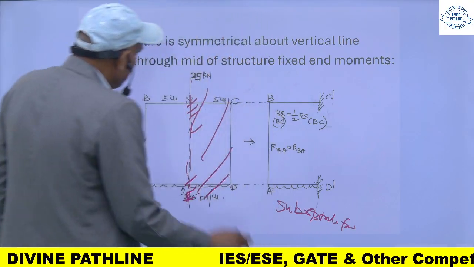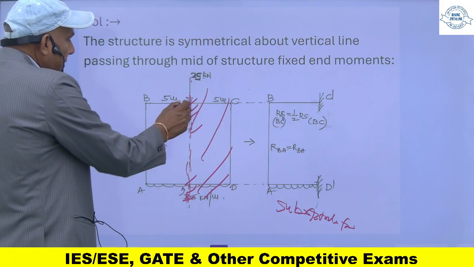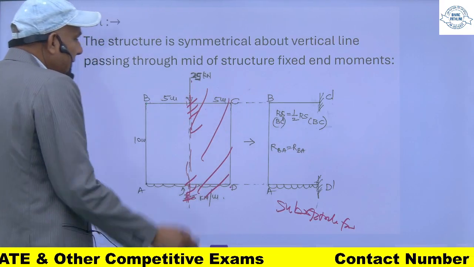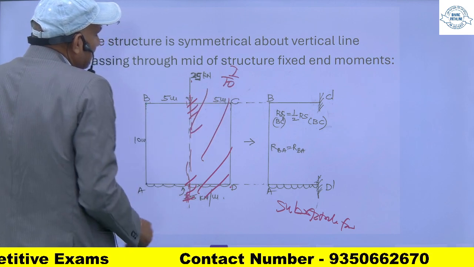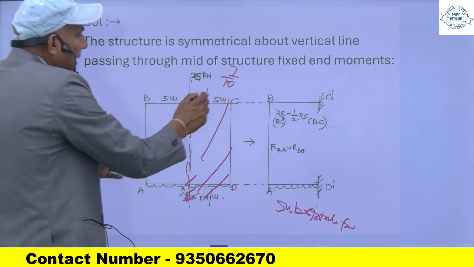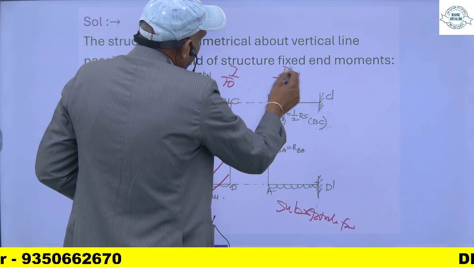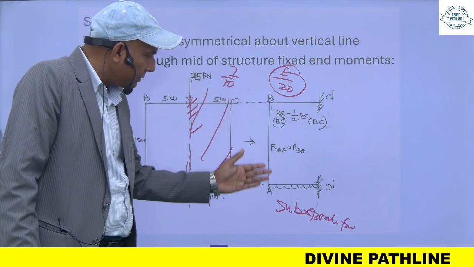Now the relative stiffness of this will be half of this one. So the relative stiffness of this will be I upon 10, and of this it will be half of that, I upon 20. And the relative stiffness of this will not alter, as I have not cut it.